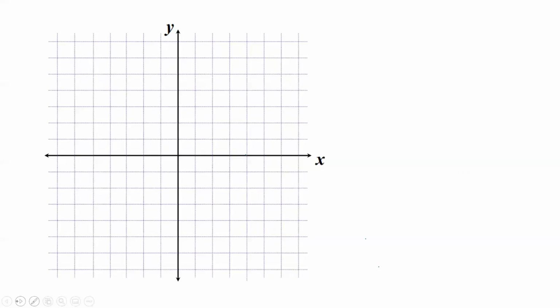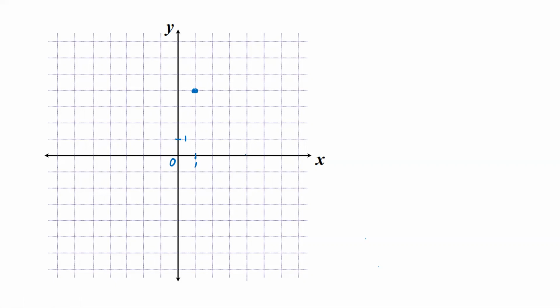So this is a slightly better version of my coordinate plane. X-axis, y-axis, the point of intersection, the origin, and let me mark a unit on each axis. And I'm going to mark a point.